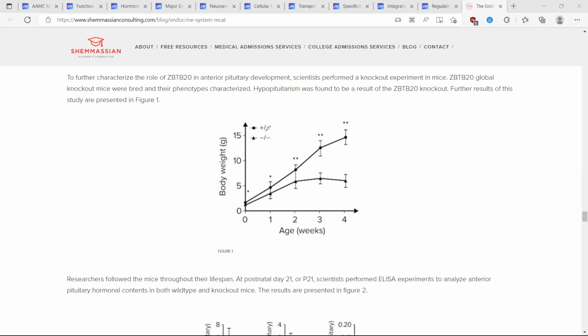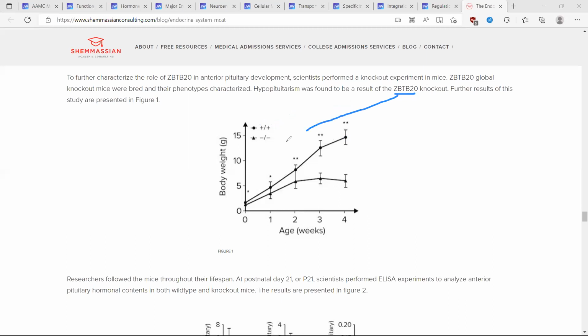In the plus plus, it's a mouse that has two ZBT alleles, so ZBT is intact, and the line with the dots is the normal mouse, the mouse that has both ZBT alleles.